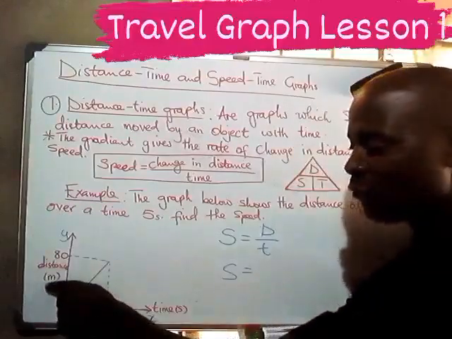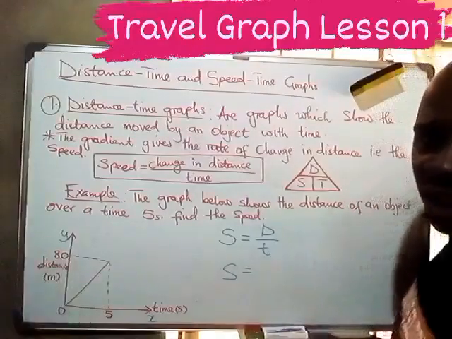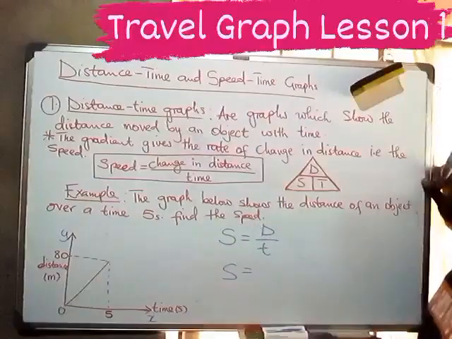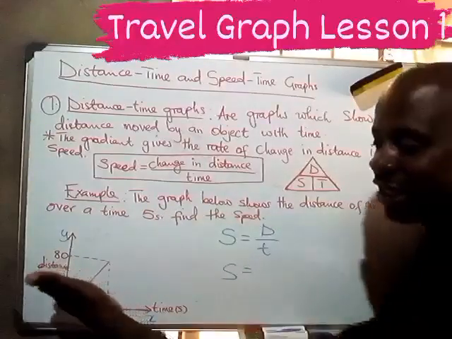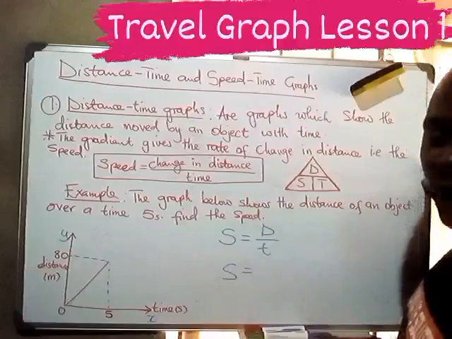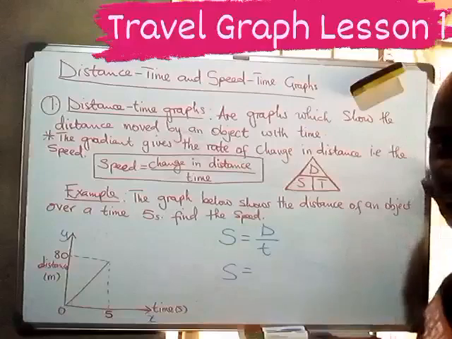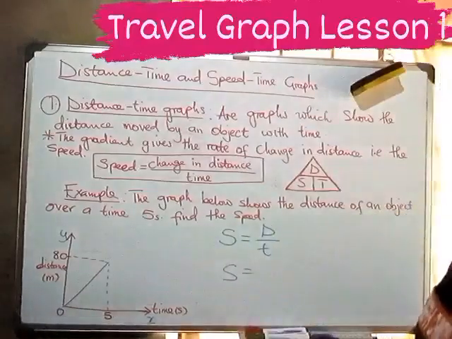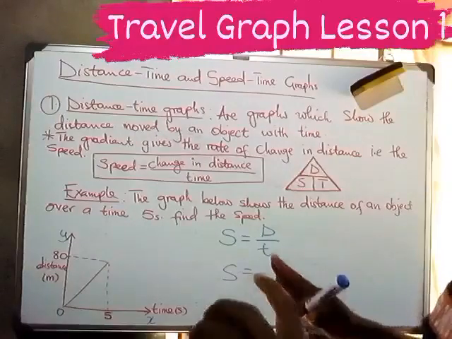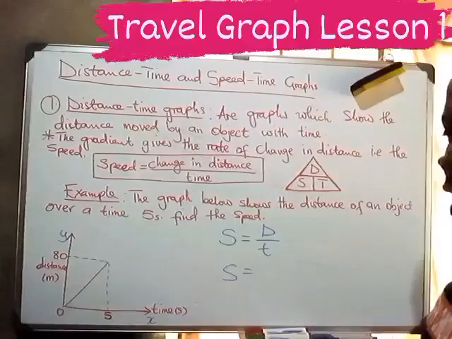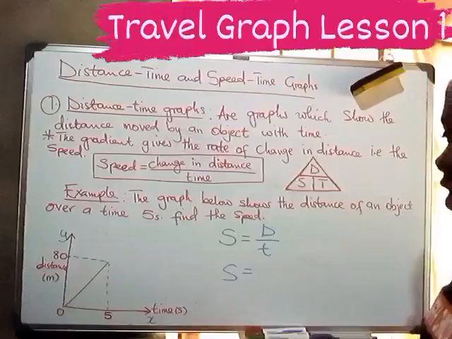And the units, instead of having m, which is meters, we are going to have m/s, which is meters per second, because the unit for speed is always meters per second. But the units for distance can be meters or kilometers, etc.